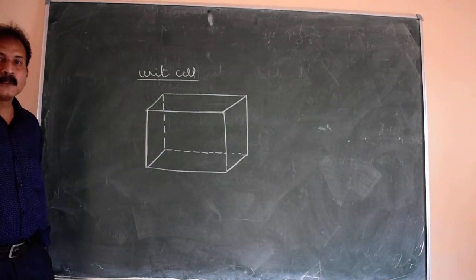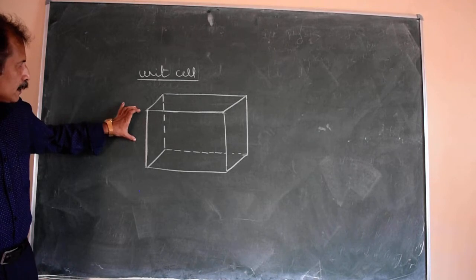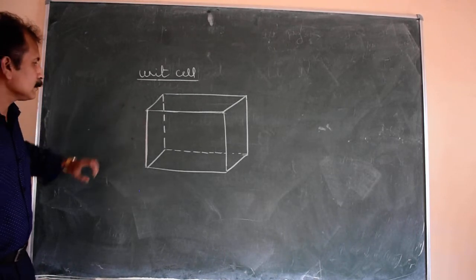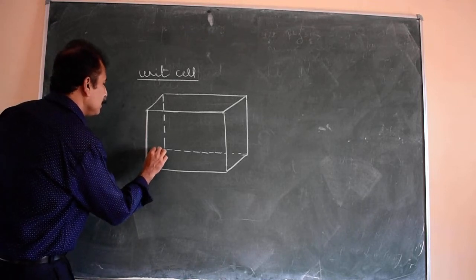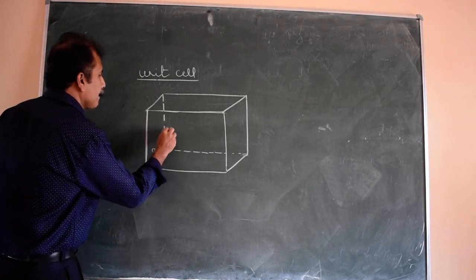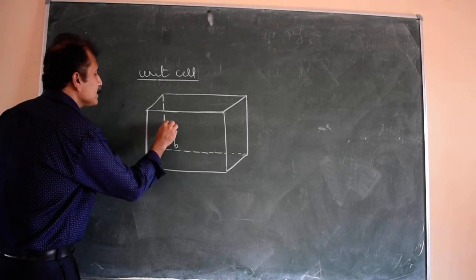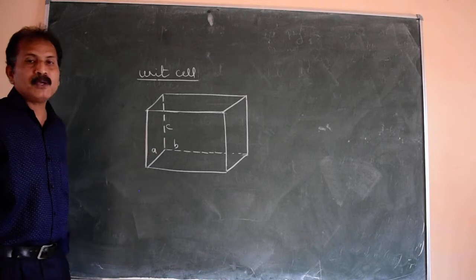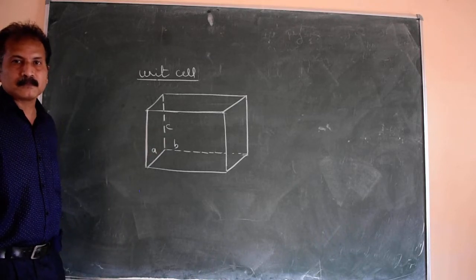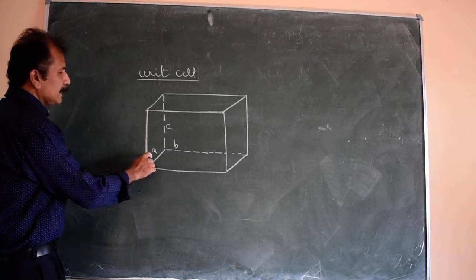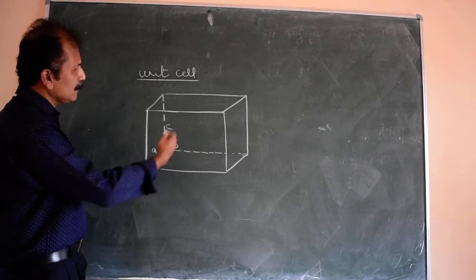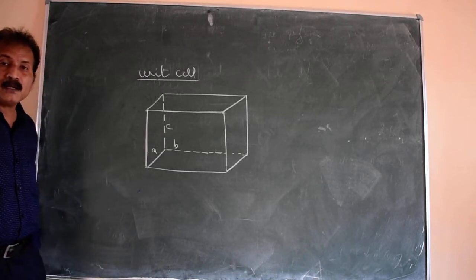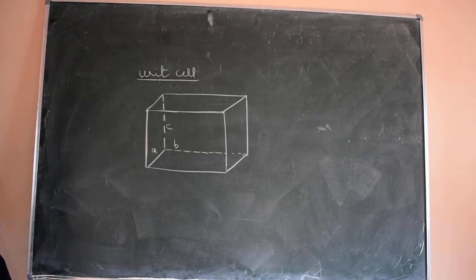So this is a diagram of the unit cell. Now each unit cell has the edge lengths A, B and C. These edge lengths may or may not be mutually perpendicular. So these are the edges of the unit cell I have taken. There are three edges.